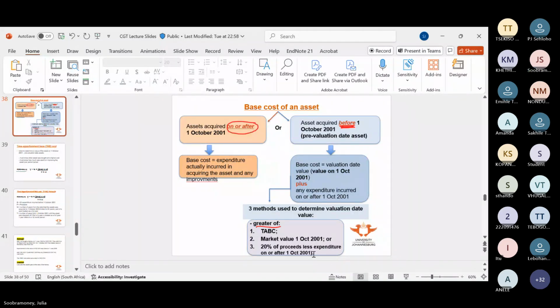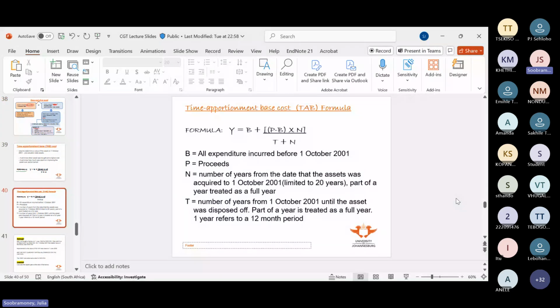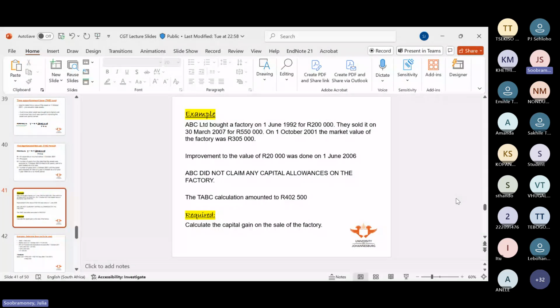Okay. All right, so my question to you is, number one, will there be any recoupment or section 11O in this calculation? Yes or no? Will there be any recoupment or 11O calculation in this question?